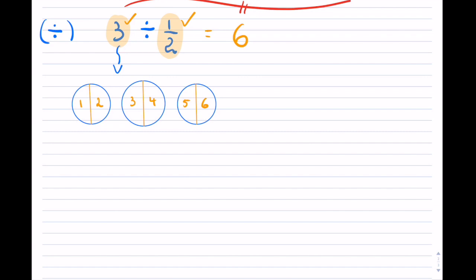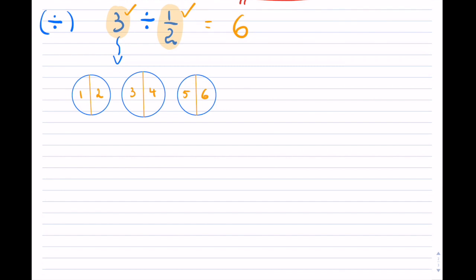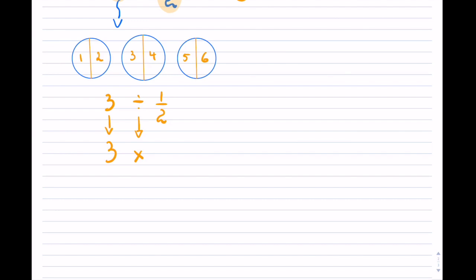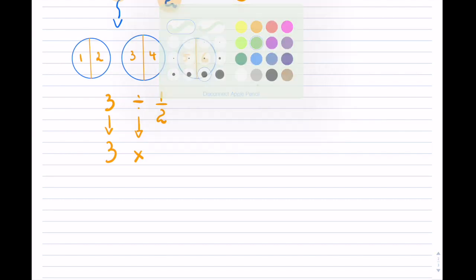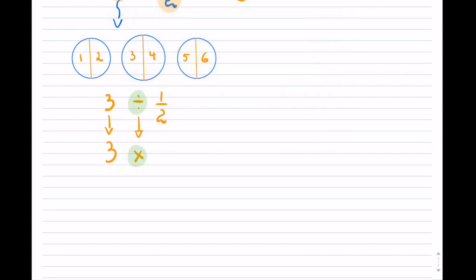So the basic division idea is that if you have division, we change division into multiplication. When we change it to multiplication, our leading number stays the same. Our division will now change into multiplication.